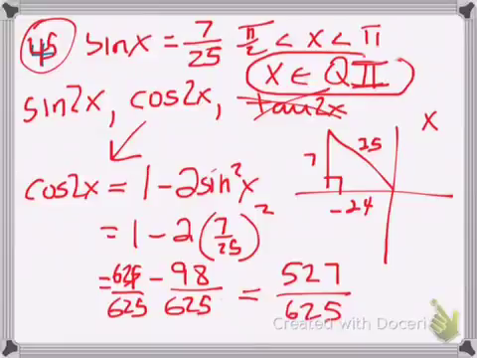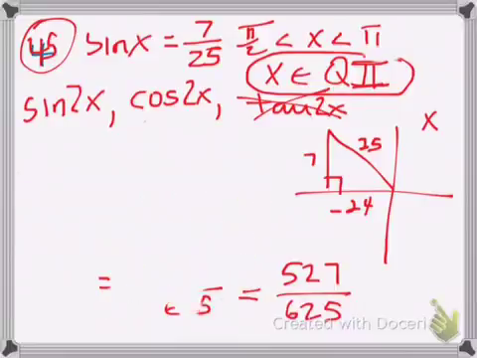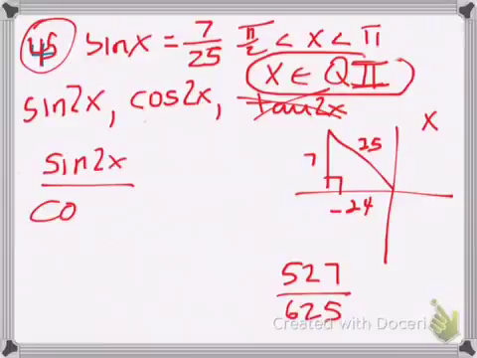All right. Actually, hold on just a second. Let's find the tangent of 2x, but let's do it by sine of 2x over cosine of 2x. Isn't that the tangent of 2x? What answer did we get for the sine of 2x? Negative 336 over 625.